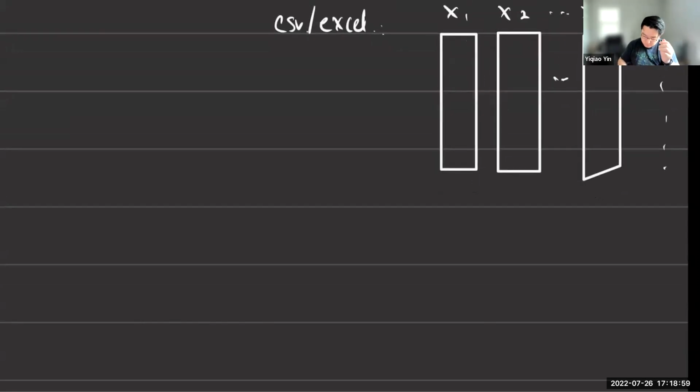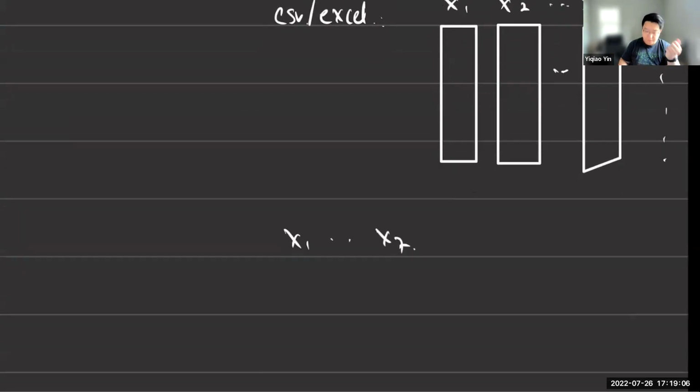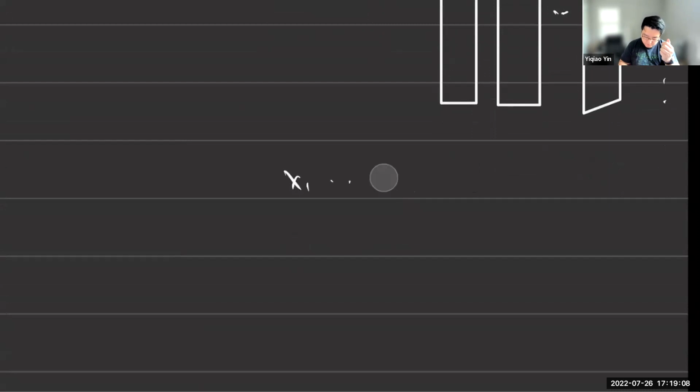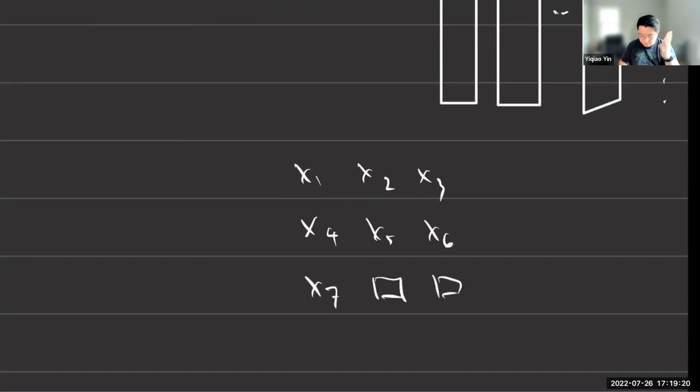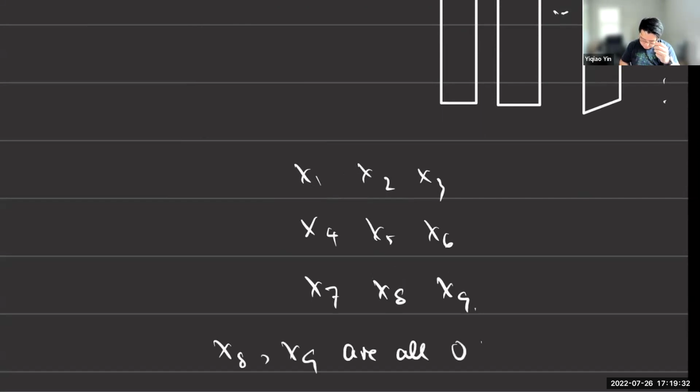Here's my X1 all the way to my X7, and I can't really put them together. So what you're going to do is put them in a square: X1, X2, X3, X4, X5, X6, X7. And then you have 2 blanks, and you can't do anything, so you're forced to add in some numbers here, X8 and X9, and X8 and X9 are all zeros.